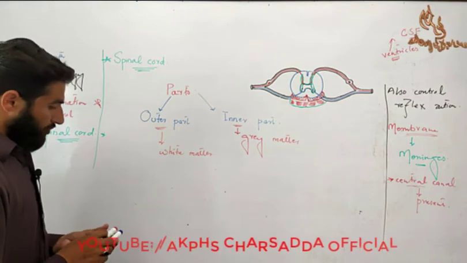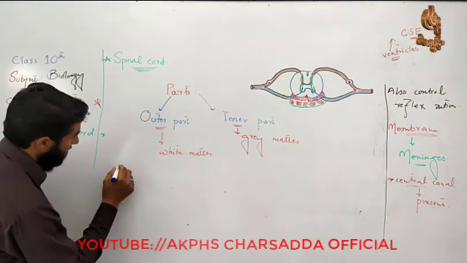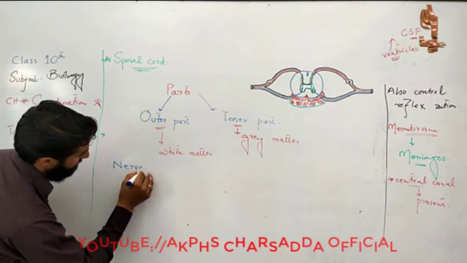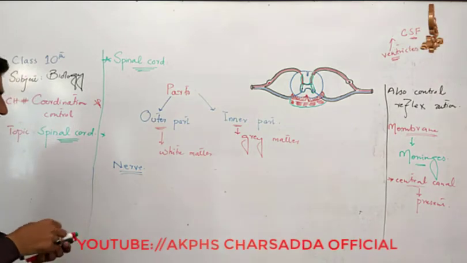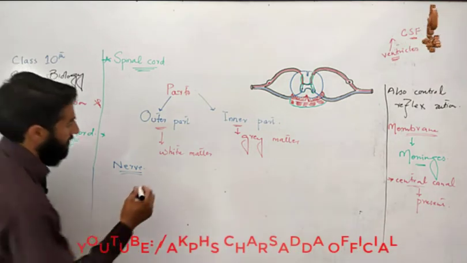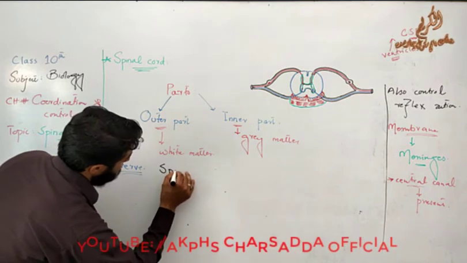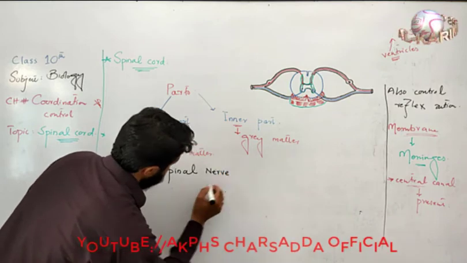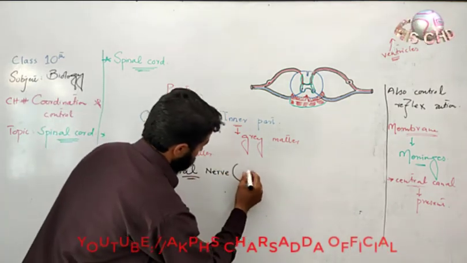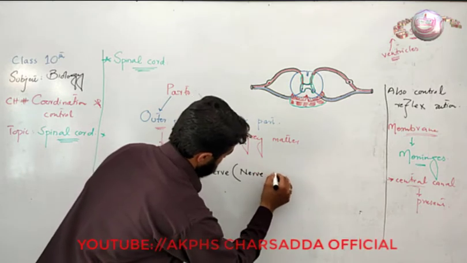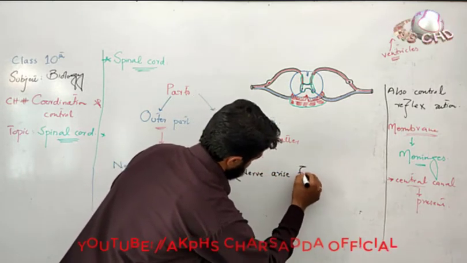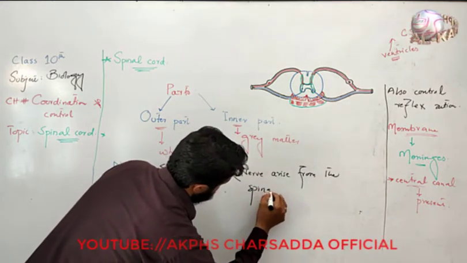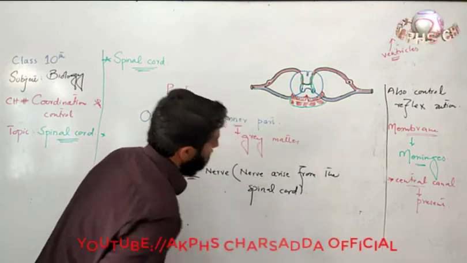Okay, coming toward the nerves which arise from the spinal cord. Nerves which arise from the spinal cord are called spinal nerves.